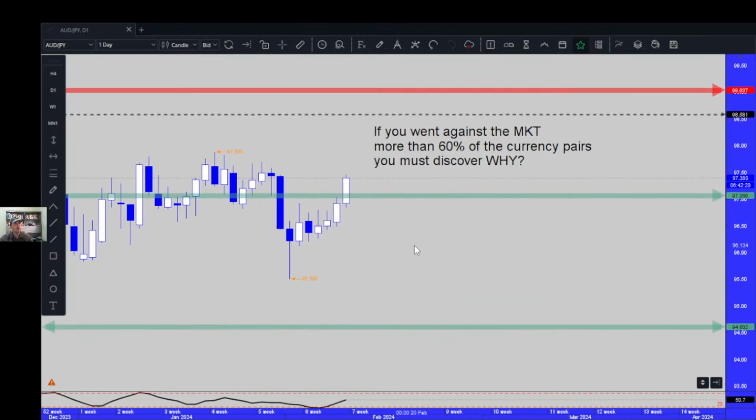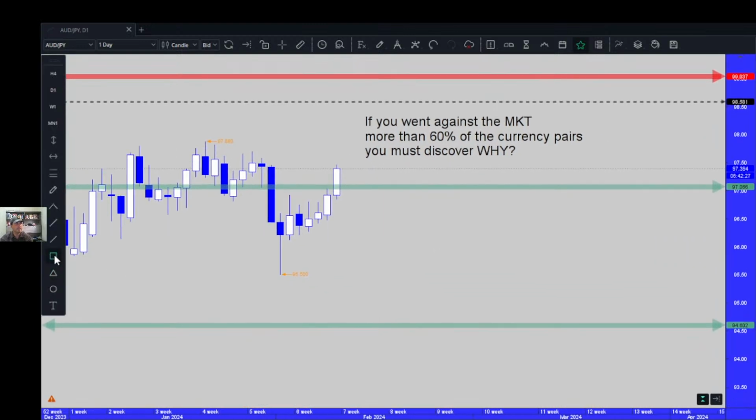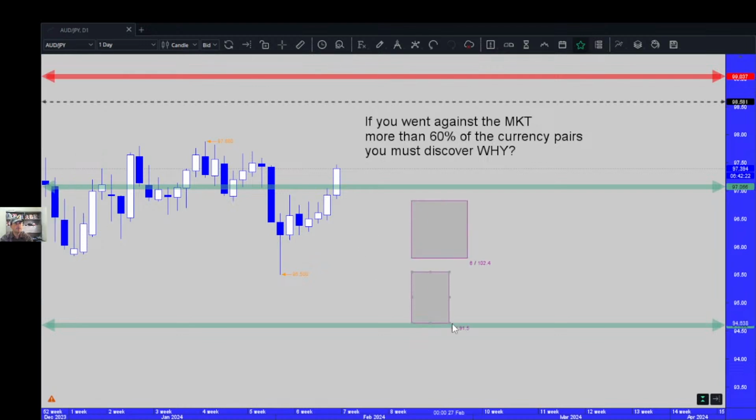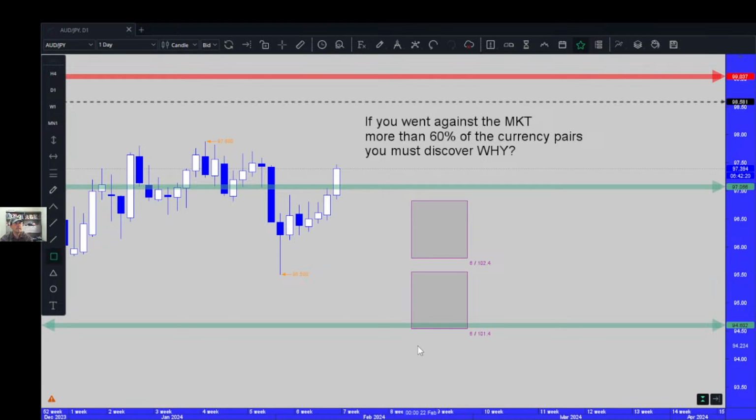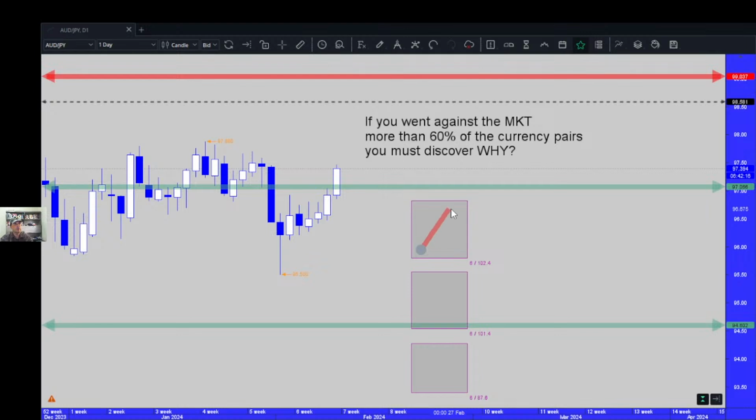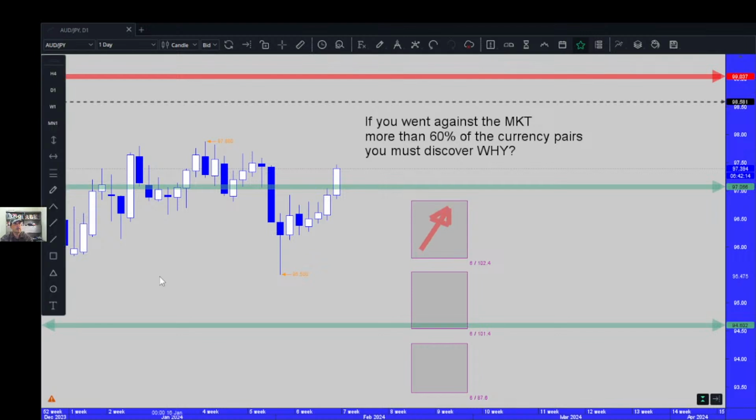Before you can call yourself a trader and make money, you are trying to be a good analyst, right? So if your prediction was buy, and buy, and buy, example... Nobody's perfect, I don't get everything right too.